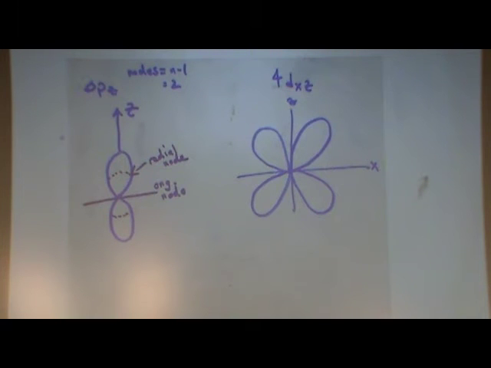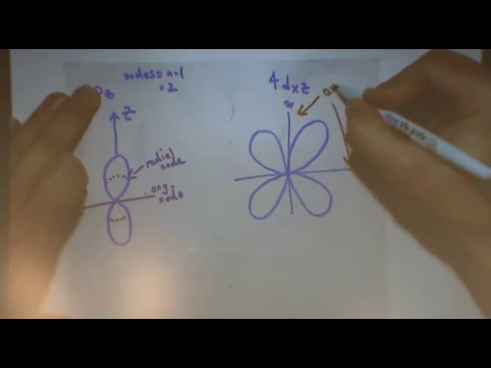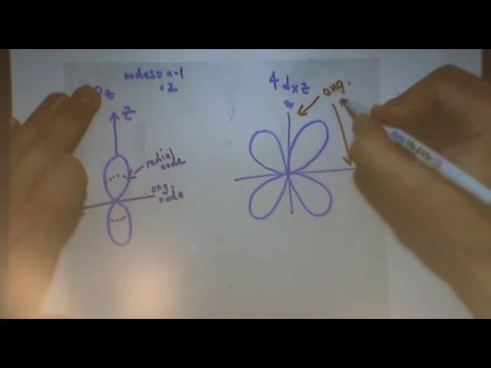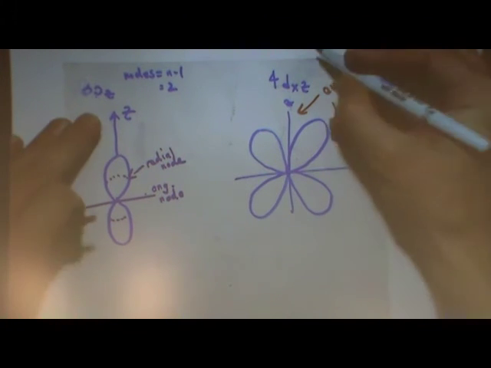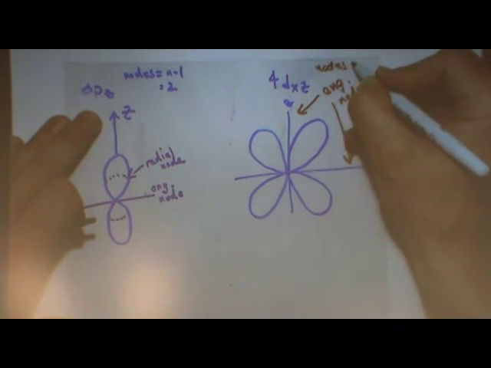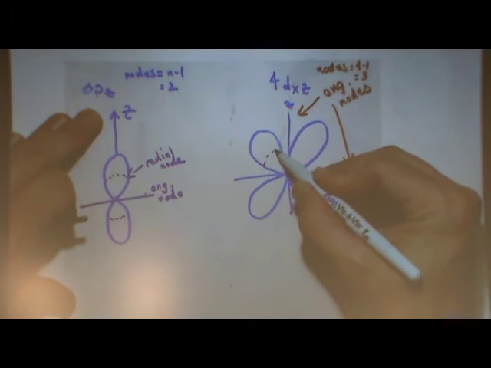This has 2 angular nodes built in, right there. They are the axes themselves. How many total nodes are here? Yeah, nodes is 4 minus 1, or 3. So there's 1 additional node over the 2 angular.